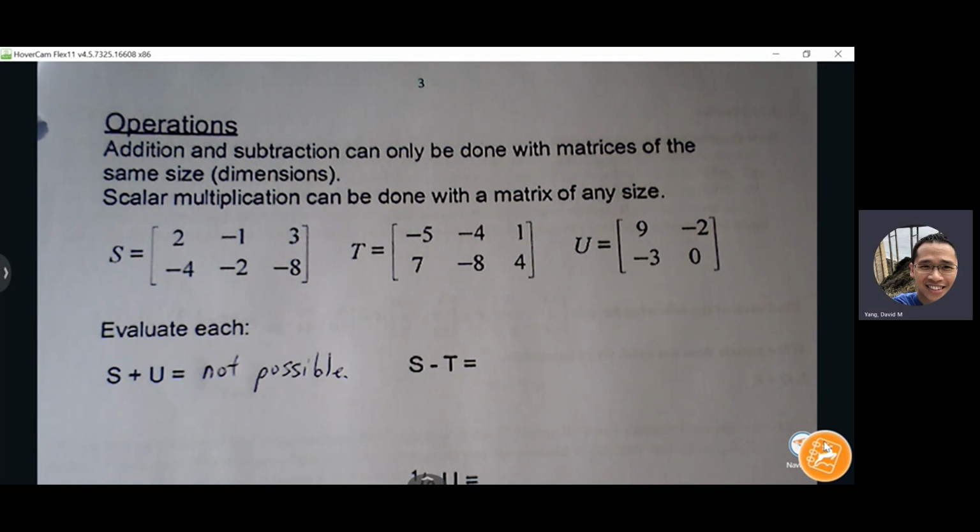Okay, so S minus T, we're going to take each element within S and subtract the corresponding value in matrix T. Okay. So if we set it up, it may look something like this.